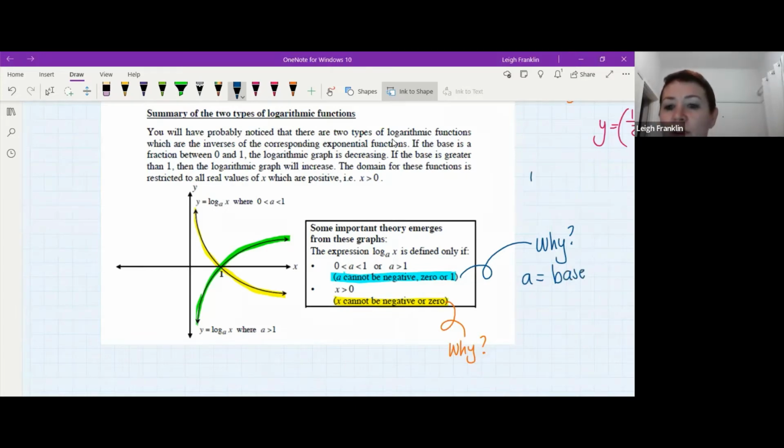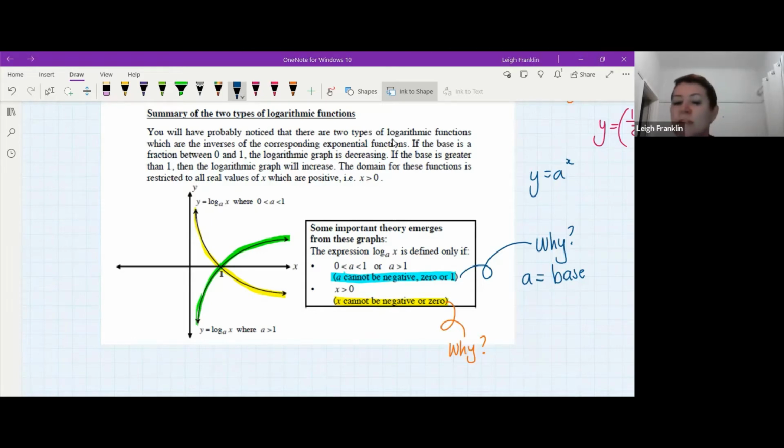Okay, so in other words, if I write y equals a to the x, a is the base, right? Now, a cannot be 0 for obvious reasons. It cannot be 1, because if it was 1, it would just be a straight line, because it doesn't matter what you raise 1 to the power of, it's always just going to be 1. So it would just be a straight horizontal line, y equals 1. And it also cannot be negative. Why can it not be negative?